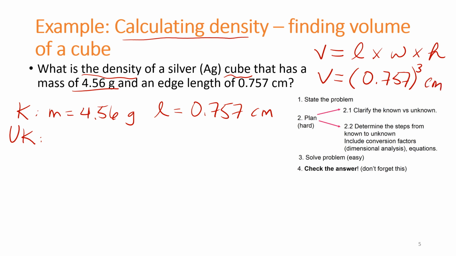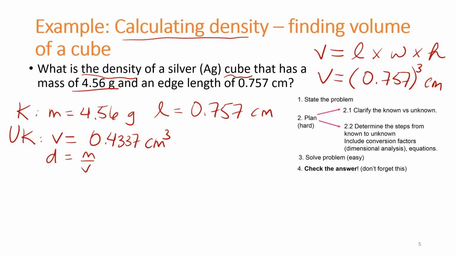So our unknown right now is our volume and our density, right? What you end up getting when you cube that in the calculator is around 0.4337. And the unit also cubes, not just the actual number.